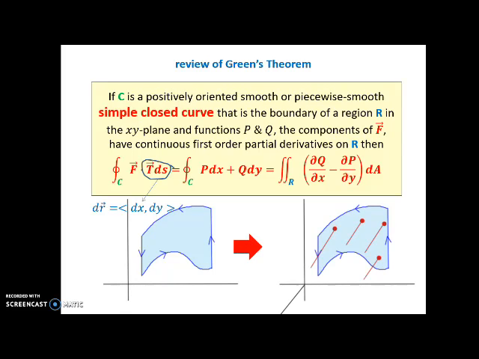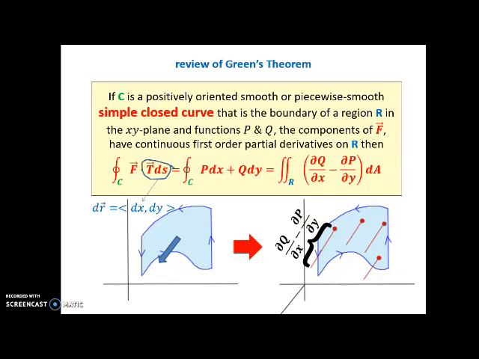And that line integral of F dot T ds is equivalent to the double integral, where you're integrating the quantity shown in the integrand there on the right, all over the region. And so you're integrating these lengths at each and every point.